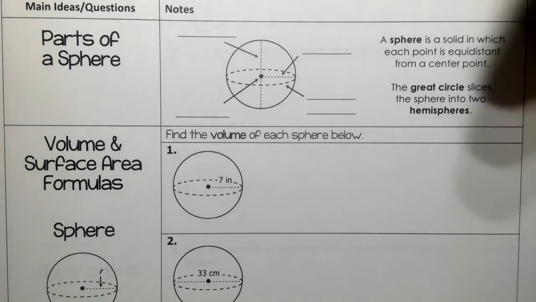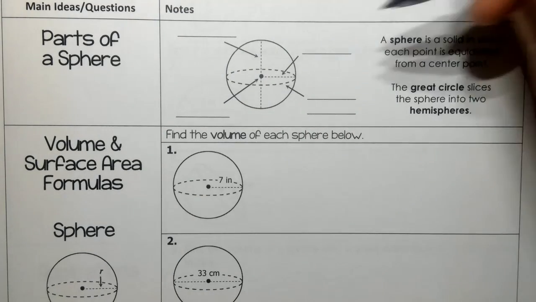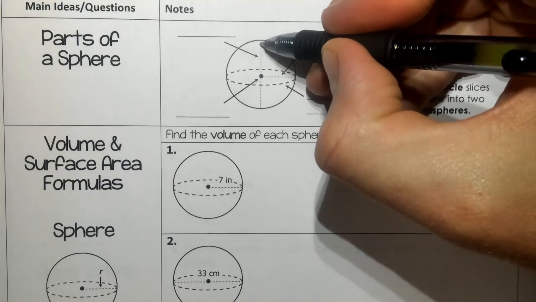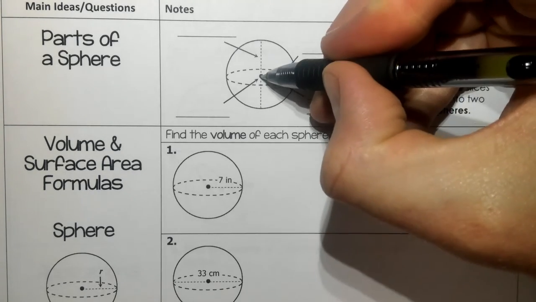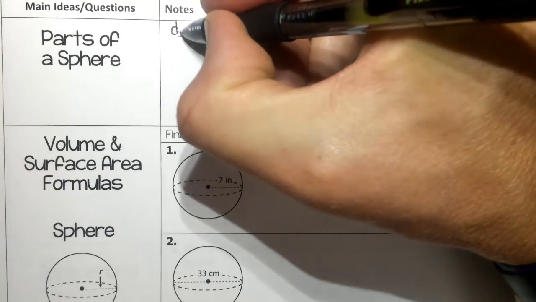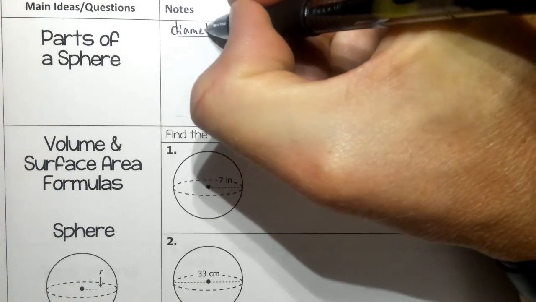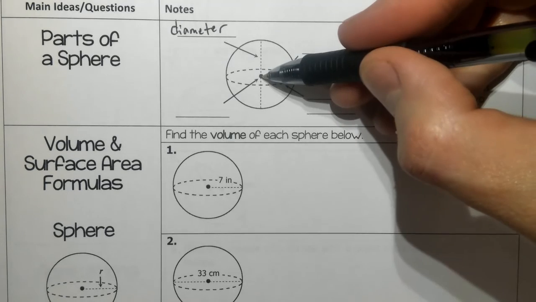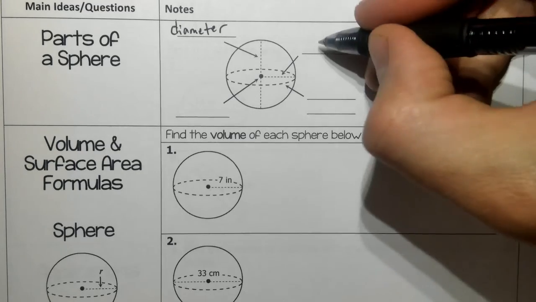Okay, so parts of a sphere. This arrow is pointing to the dotted line that goes all the way through the center and touches each end of a sphere. So that would be the diameter of the sphere, just like a circle. If it starts at the center of the sphere and goes out to the edge, that's called a radius.